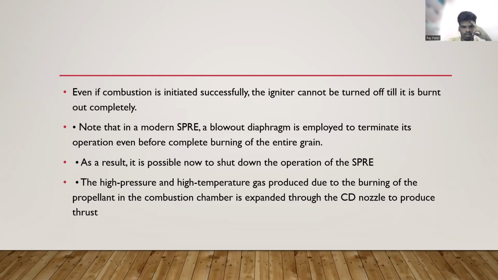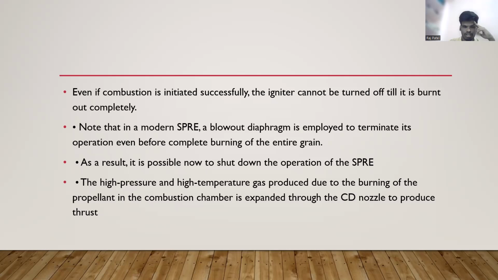As a result, it is now possible to shut down the operation of solid propellant rocket engines. As we all know, it is not possible to throttle solid rocket motors when compared with liquid rocket motors and other rocket motors.